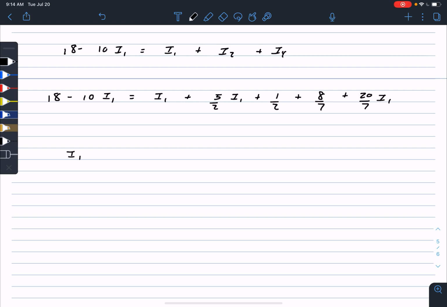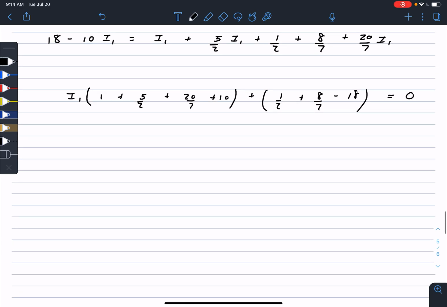So I1 times 1 plus 5 halves plus 20 over 7 plus 10, then we have plus 1/2 plus 8/7 minus 18, and this is all equal to 0. I just took these terms to the other side. Okay.